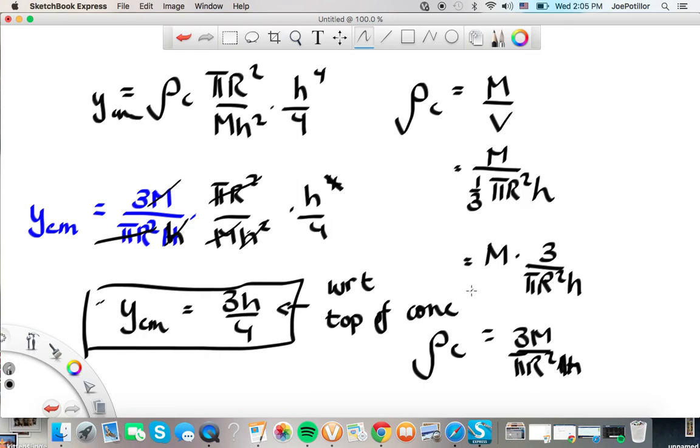Why? Because of the way the mass is distributed in a cone. More of it is closer to the bottom than it is at the top. So it would make sense that because of the shape, it's not evenly distributed. There's more on one end than the other. So that's why we have it like that. Okay.